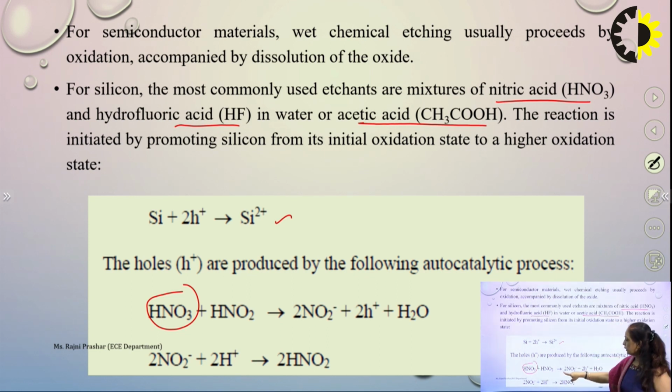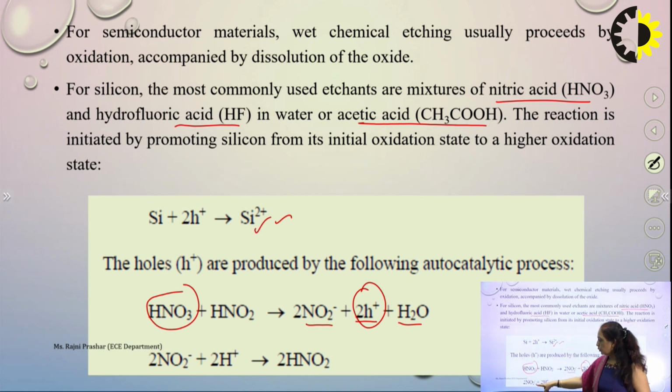It will be split into 2 NO2 negative ions plus positive hydrogen ions and water molecules, right? These will react with the silicon to oxidize more silicon. Then this negative ion plus the positive hydrogen ion will again give you HNO2.